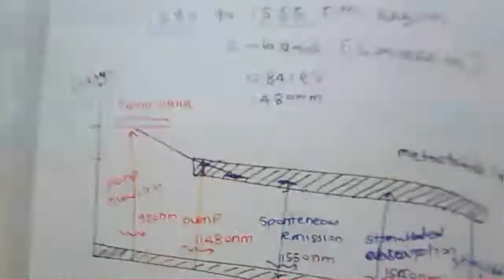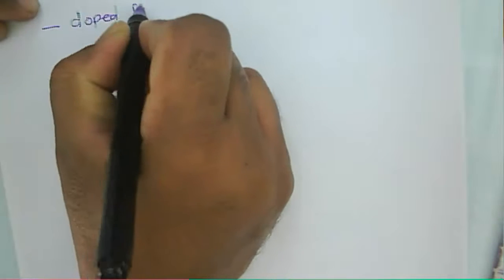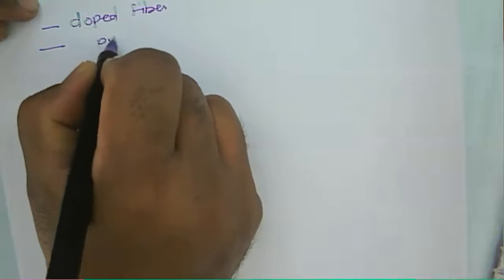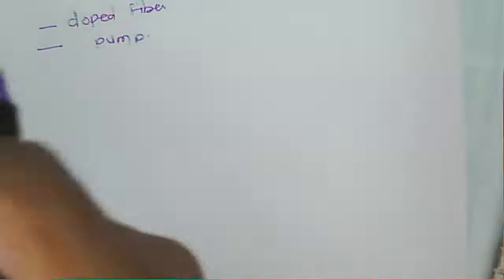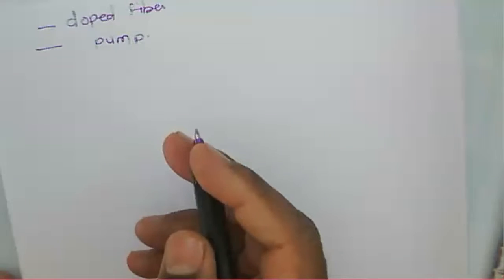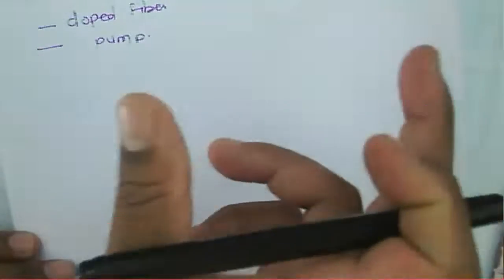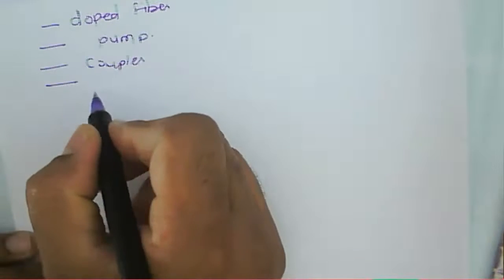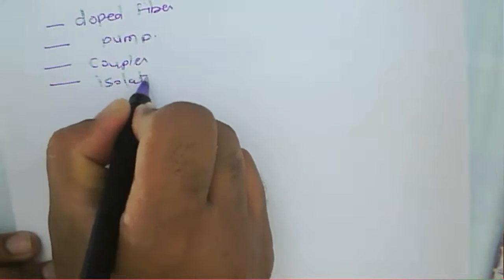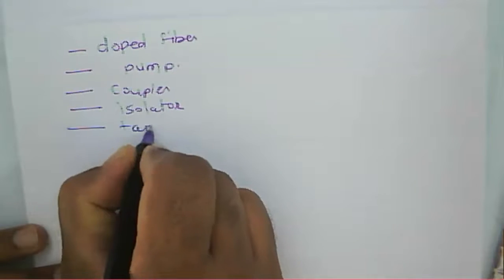The erbium doped optical amplifier depends upon the doped fiber, and upon the pumping mechanism you use, whether it is one pump or more pumps. It also depends upon what coupler or coupling mechanism is used for this particular optical fiber, what type of isolator is used in the design, and what type of tap couplers we are using.